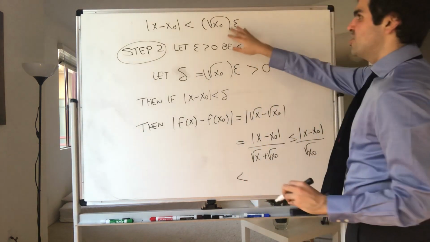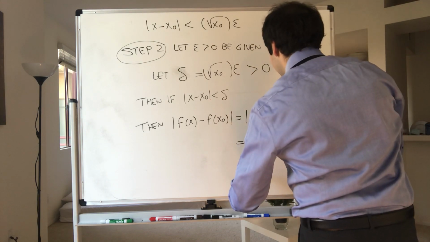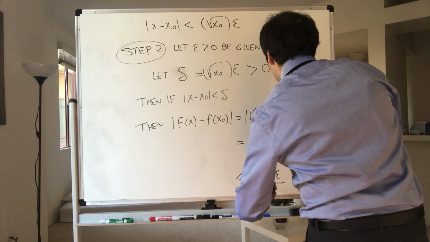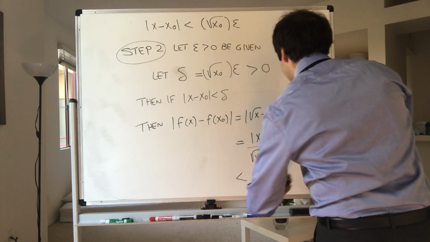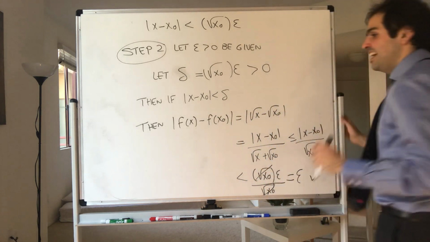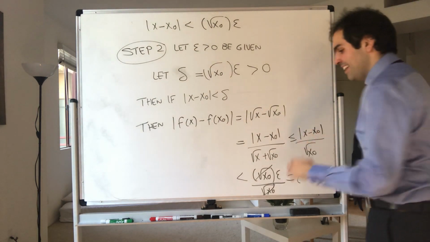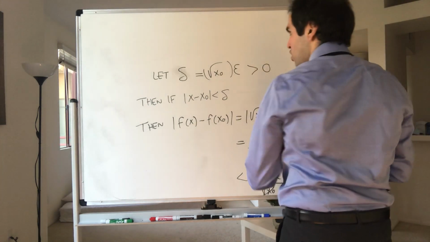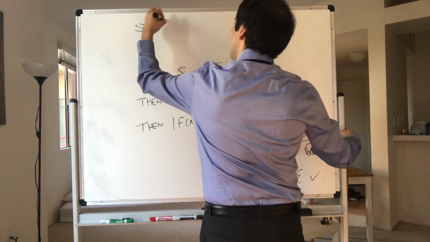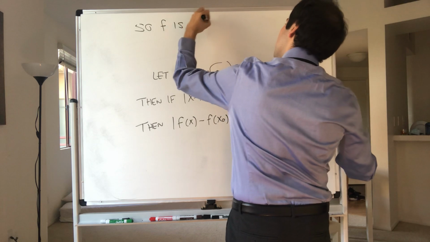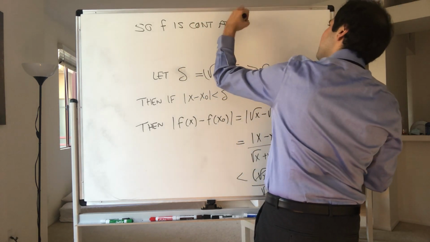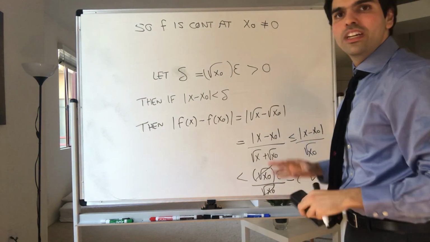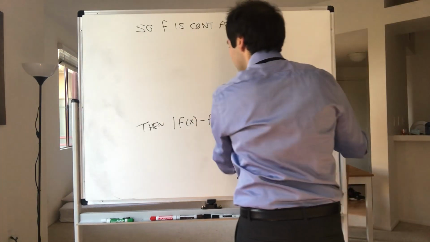But now by definition of delta, this becomes less than square root of x naught times epsilon over square root of x naught, which cancels out. And in the end, you get your satisfying epsilon. So what have we shown? So f is continuous at x naught non-zero, but I'm claiming it's even easier to show that f is continuous at 0.